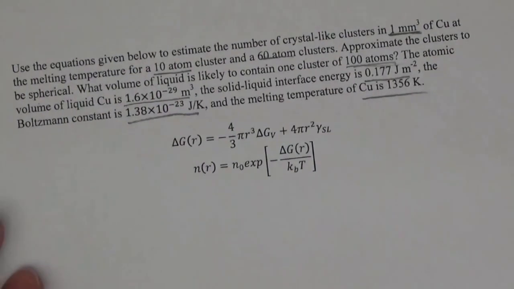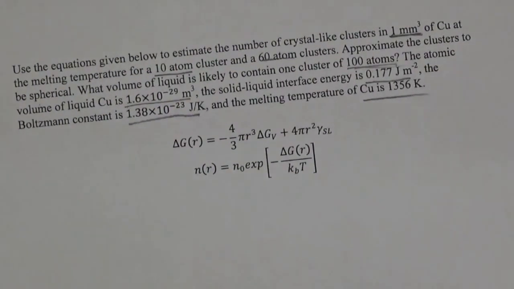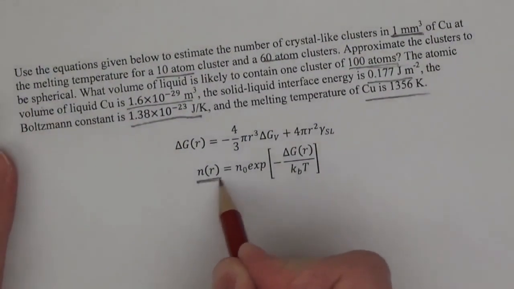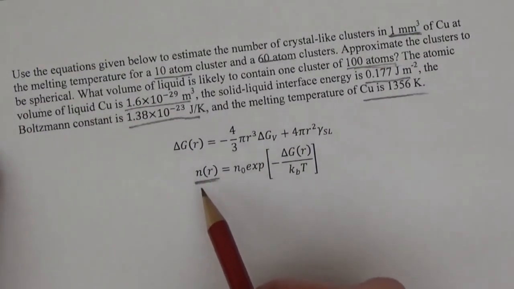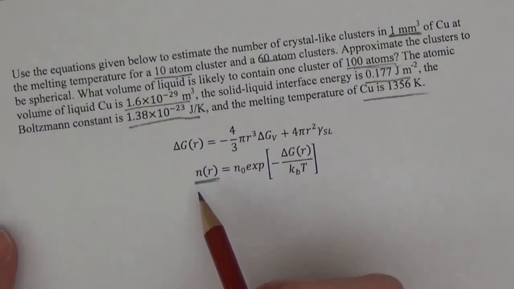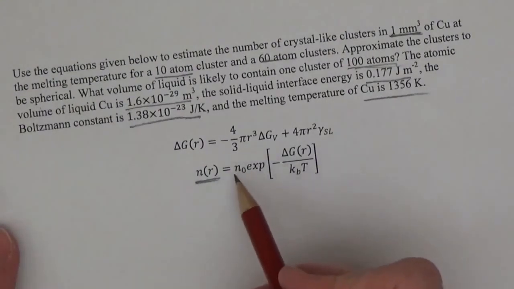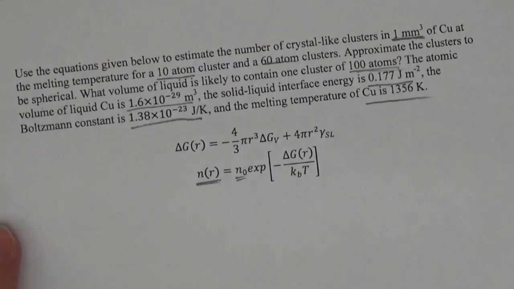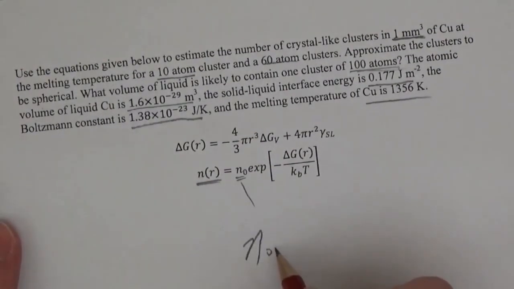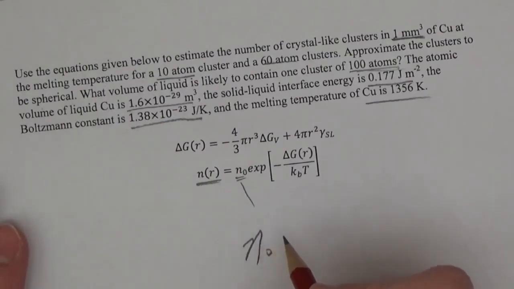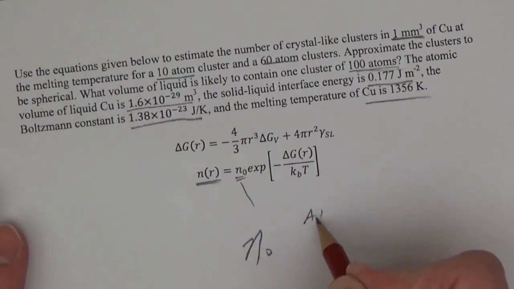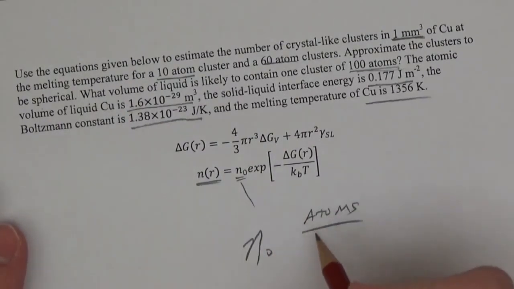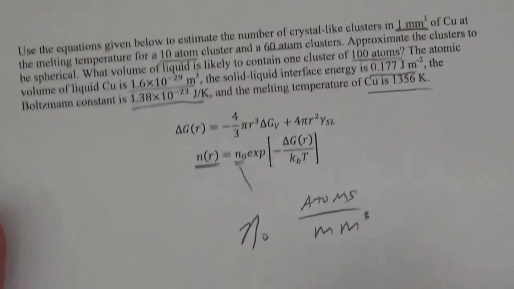So basically, we're interested in the number of clusters of that size. N0 is going to be atoms per cubic millimeter, right?